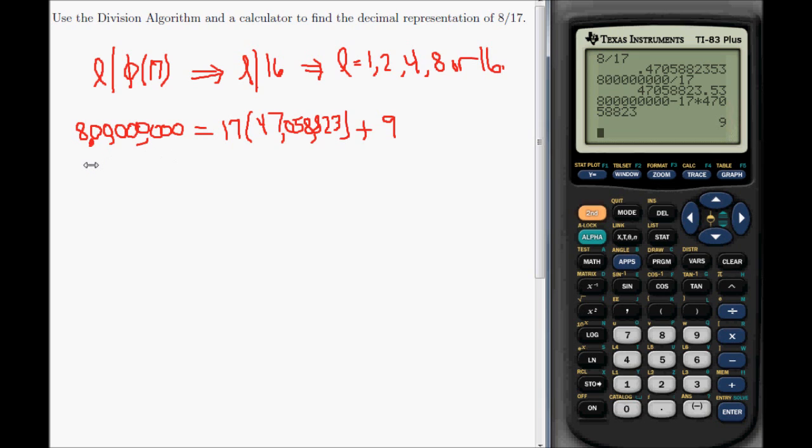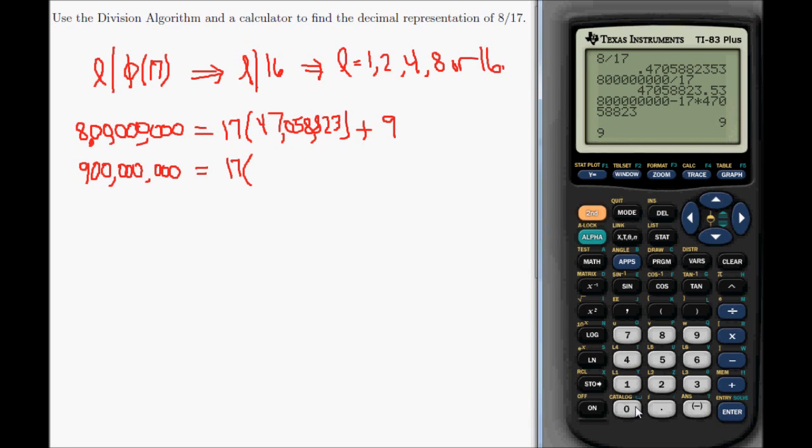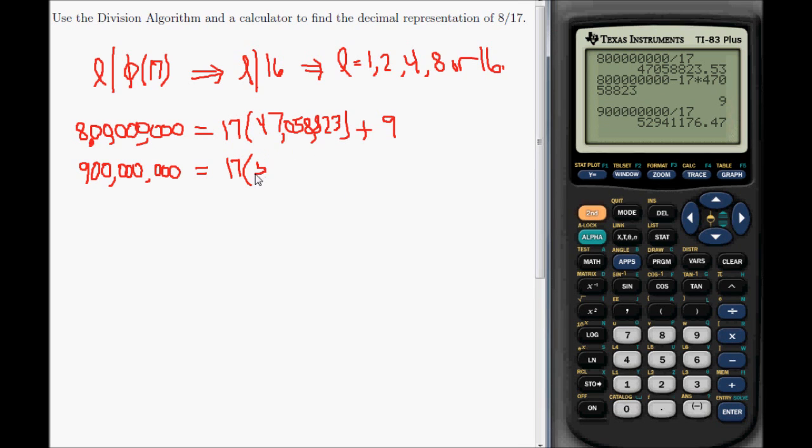Okay, now we'll do the same thing again with 8 more digits for a total of 16. So 900 million, that is 9 followed by 8 zeros, divided by 17 is 52,941,176 point something.